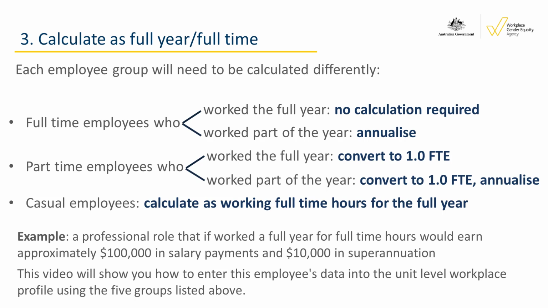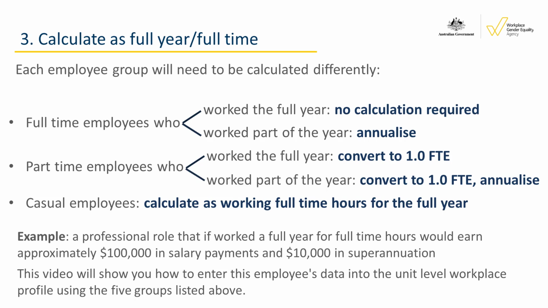Group 5 are casuals, and like Group 4, you will need to annualize and calculate to a full-time equivalent amount. We will use a simple example to demonstrate the calculations you will need to make in each of these scenarios. The agency also has a salary calculator on our website to help you do this.